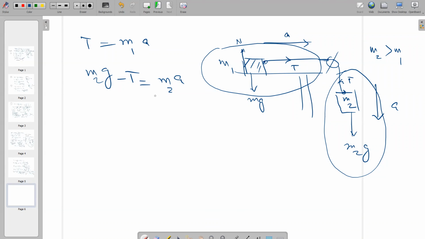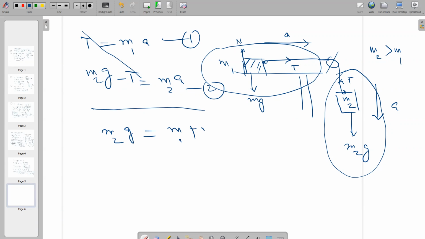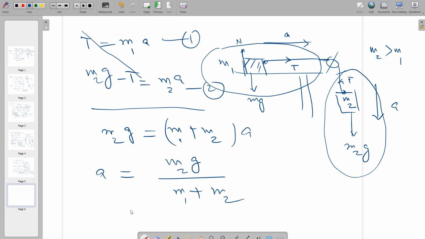You can solve the equations for acceleration and for tension. Now for acceleration, the tension will cancel if we add both equations, number 1 and number 2. So the answer will be M2G is equal to M1 plus M2 into A. So A is equal to M2G divided by M1 plus M2.